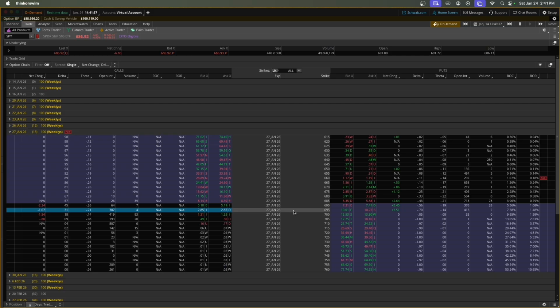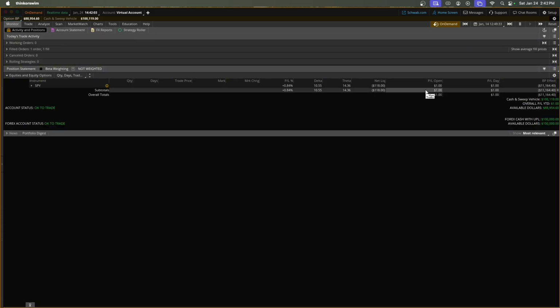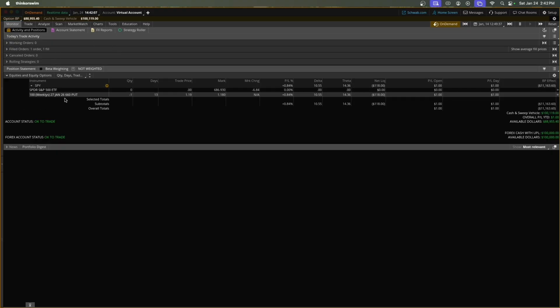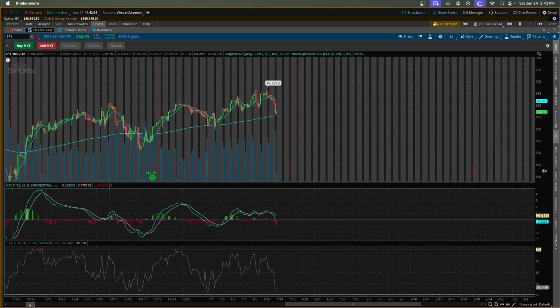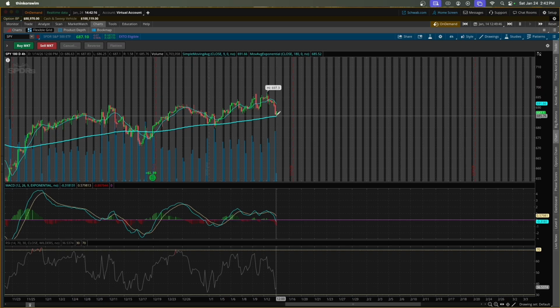So now what's going to happen is, I picked the 660 strike price, okay? If we go to my chart, SPY would need to come down to $660 in 13 days.